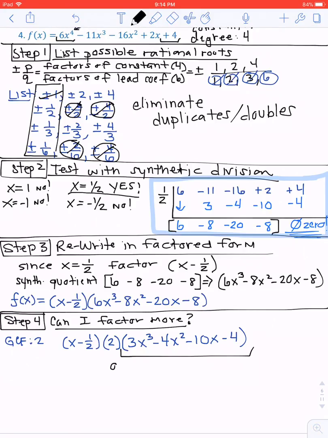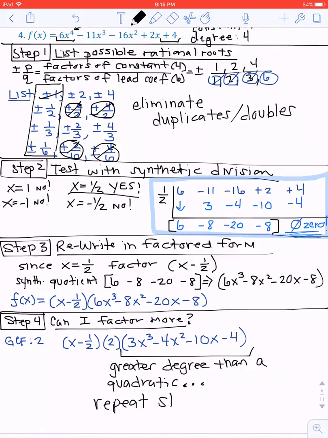So we're going to say this is greater degree than a quadratic, oops, should be a cube, so guess what we get to do? Repeat steps 1 through 4. Yay, I know you're super excited about that.